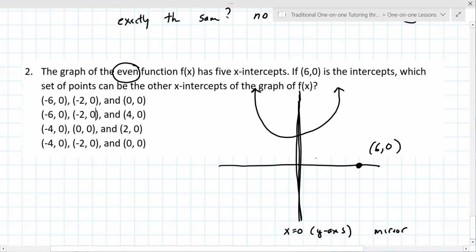If this point is mirrored, it's going to be over here at minus 6, 0, because it's got to be exactly the same distance on the other side. So for sure, we can eliminate those two answers.